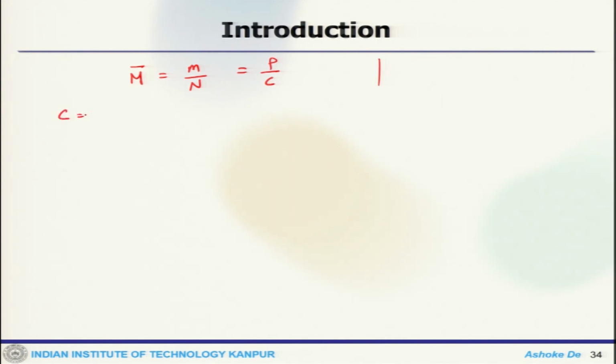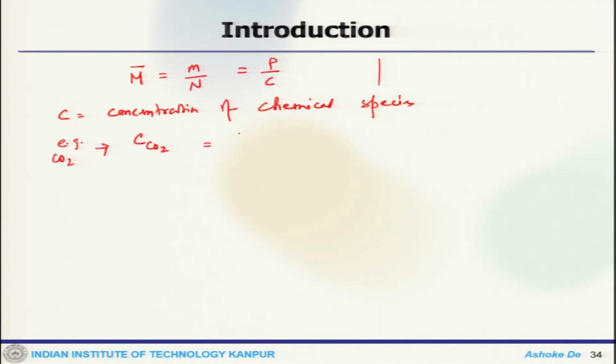So, if I say this is the concentration of chemical species, then for a particular species, let us say for example CO2, one can write it as the concentration of CO2 like this. So, this is very common in the definition of kinetics, that usually one defines the concentration of a particular species.